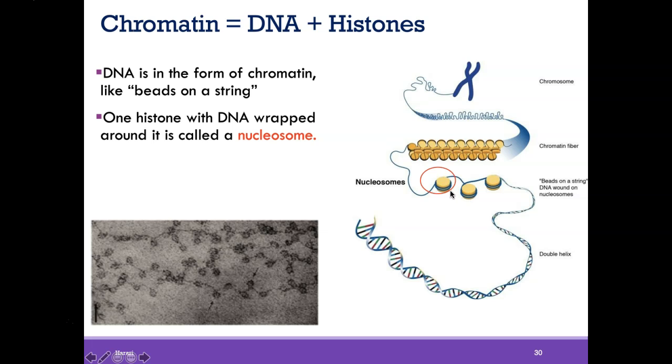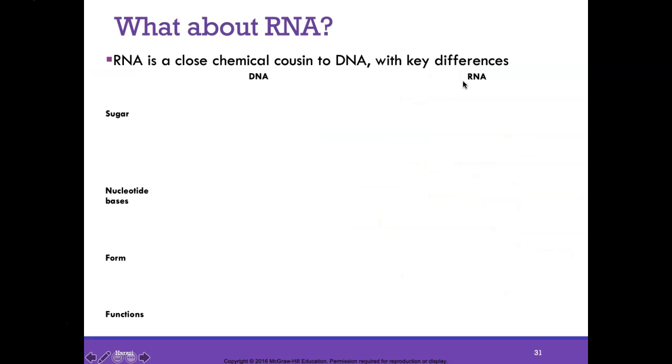And one histone octamer with DNA wrapped around it is called a nucleosome. So here's a nucleosome, here's another nucleosome, nucleosome. And again, this is all in an effort to take that double helix, which is so long and has so much information, and wrap it and continue to wrap it so all of that DNA can be condensed and fit inside of each of our cells.